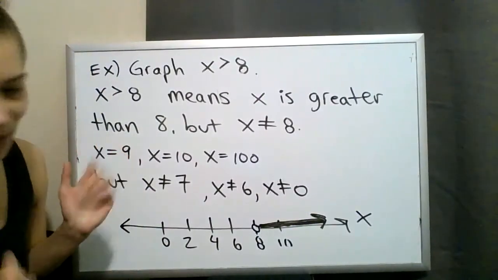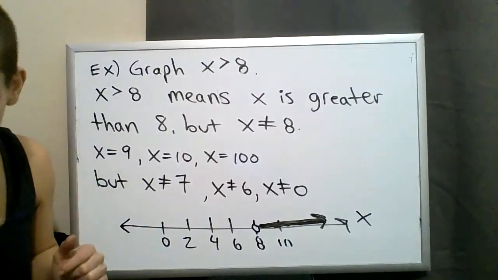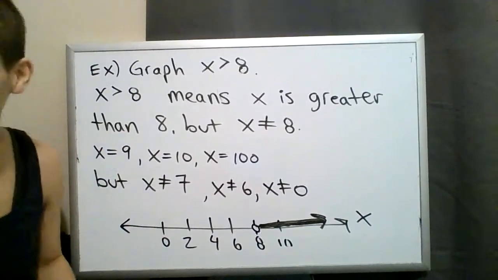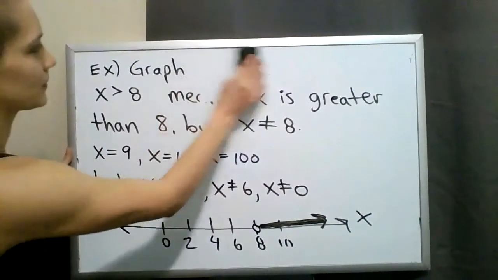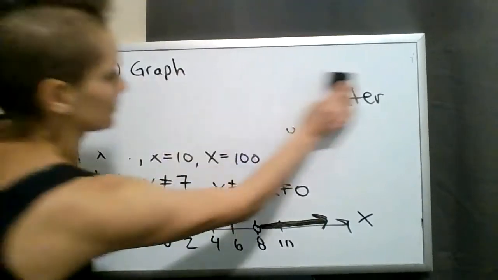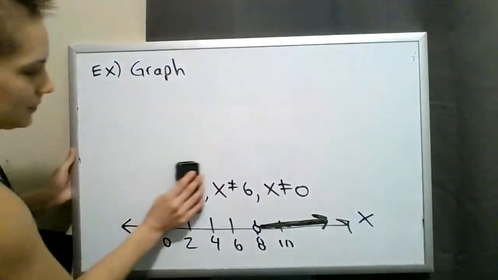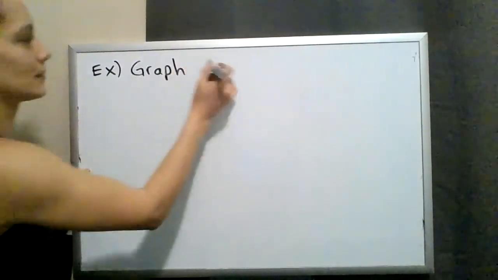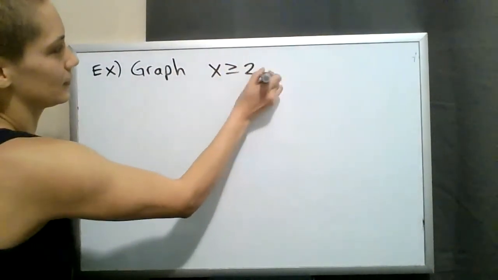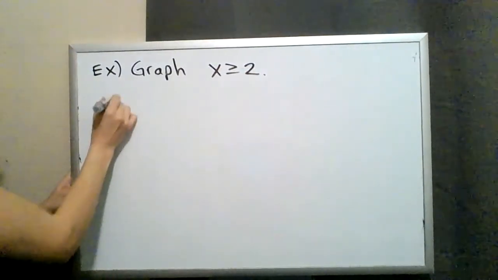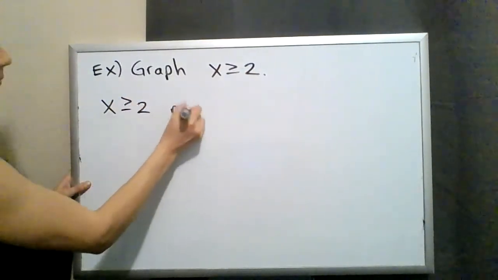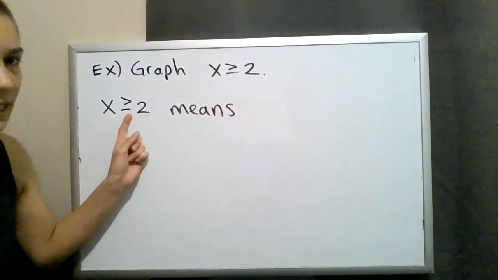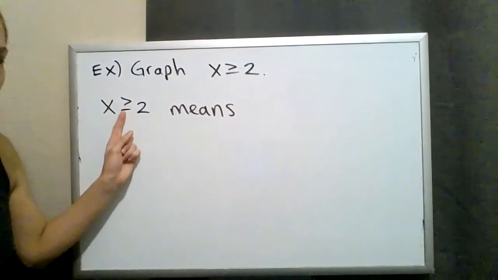So we're going to keep here for a moment and graph x greater than or equal to 2. Okay, so we know this one's x. This is for greater than, and you have an equal sign.